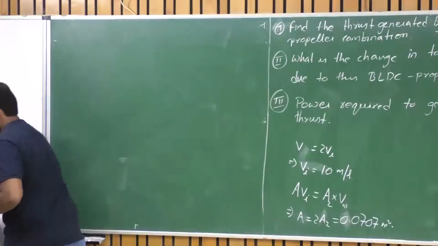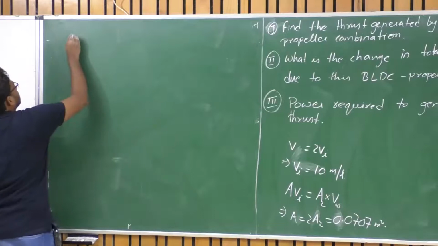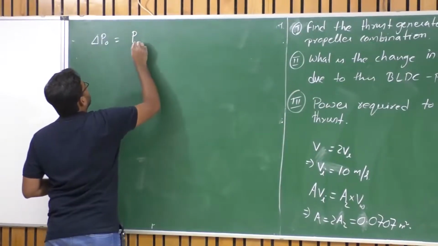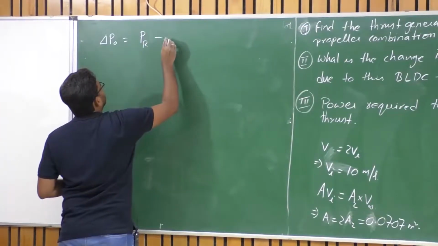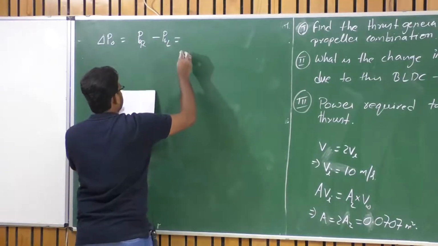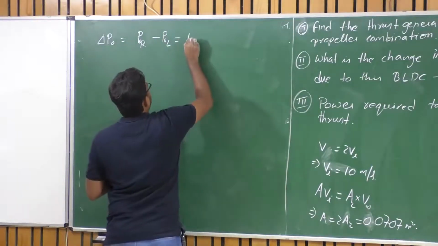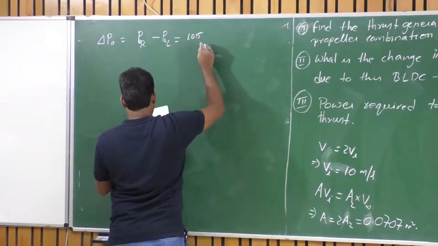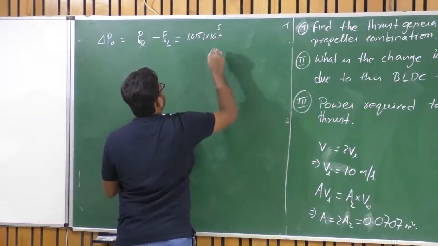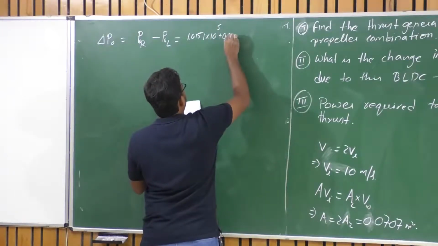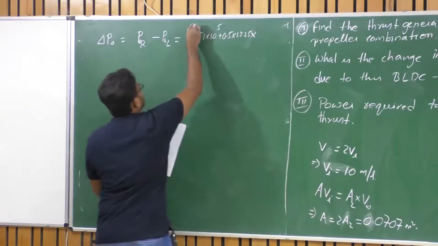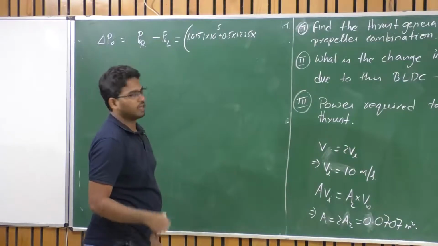So the change in the total pressure delta P naught is equals to P naught R minus P naught L, which is 1.0151 times 10 power 5 plus 0.5 times 1.225 half rho V square, right? PR plus half rho V square.